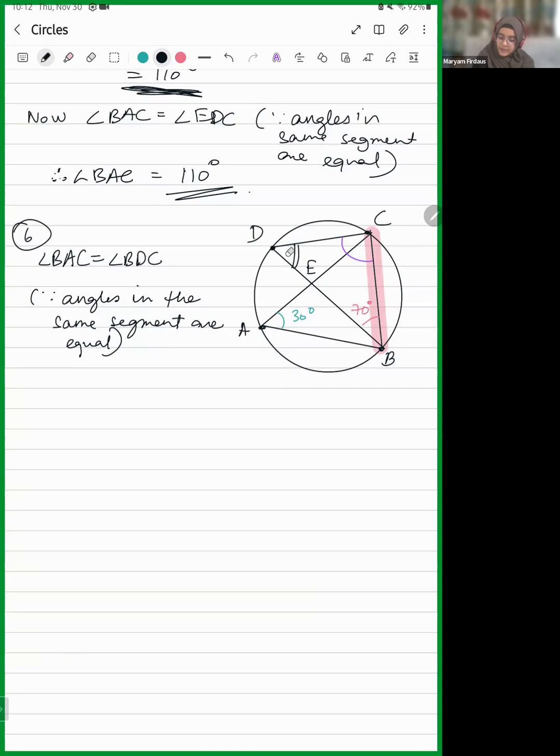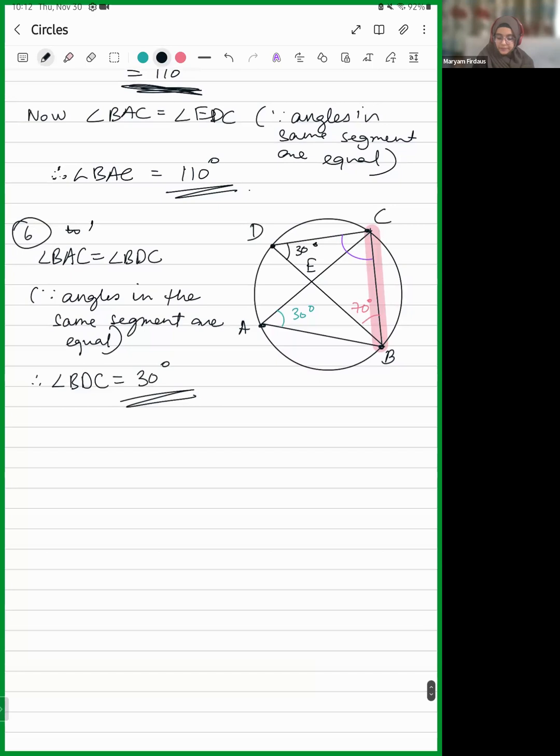Okay, so angle BDC is going to be equal to what? 30 degrees. Fine. I'm going to write that over here. Now we had to find the purple angle, right?